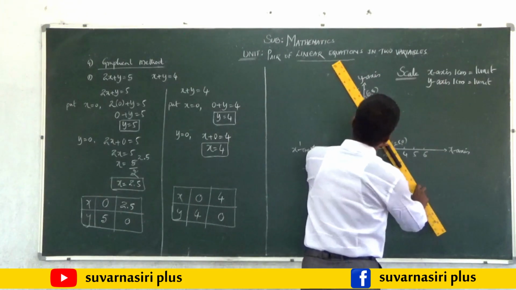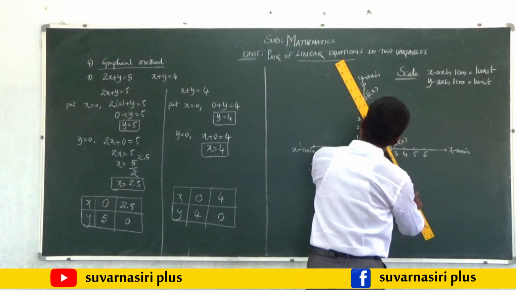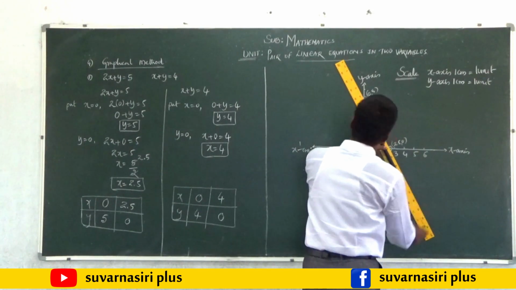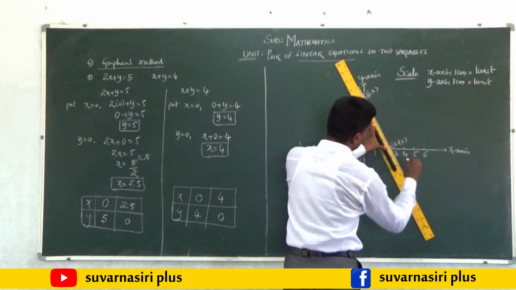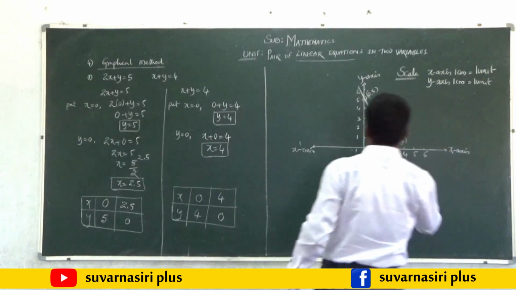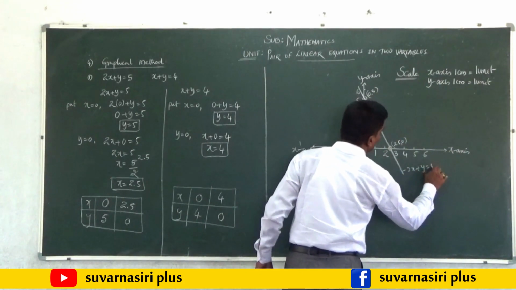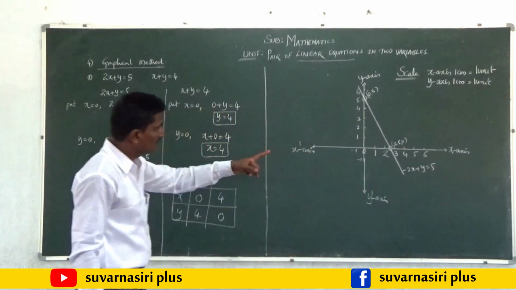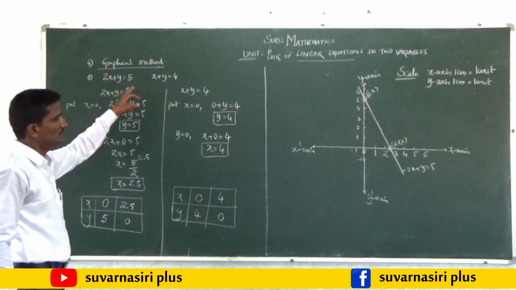Using a scale, you have to join these lines. Neatly, you have to join these 2 points. This is the first equation given here, 2x plus y is equal to 5. This is the graph of the first equation, 2x plus y is equal to 5.